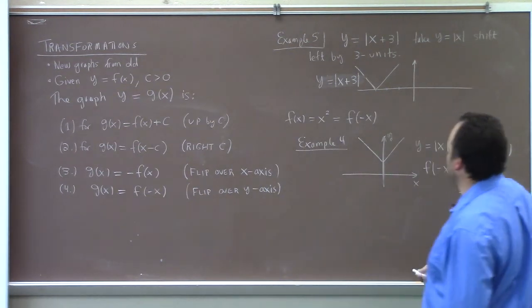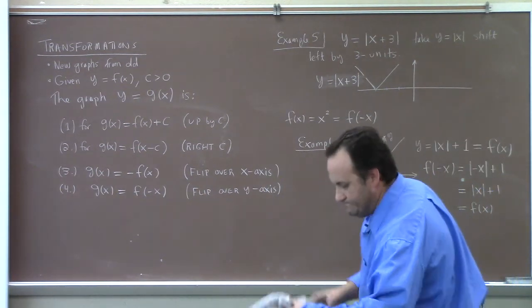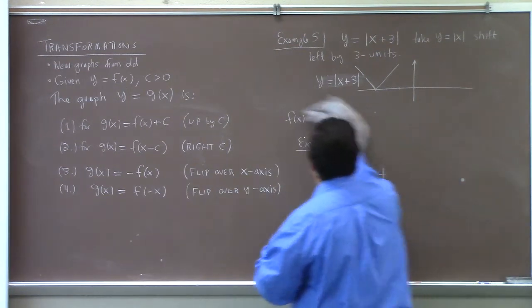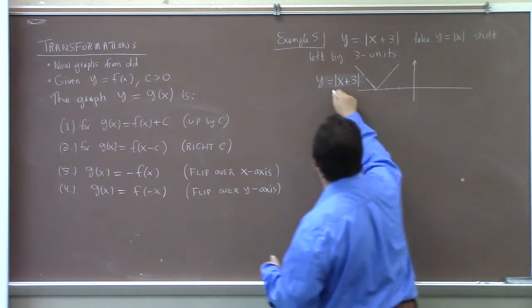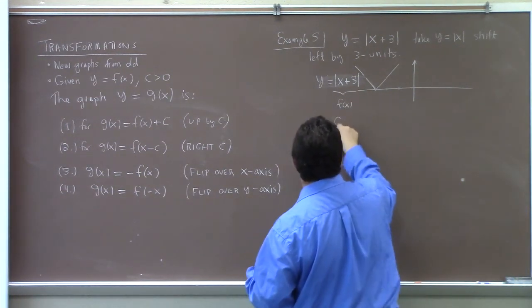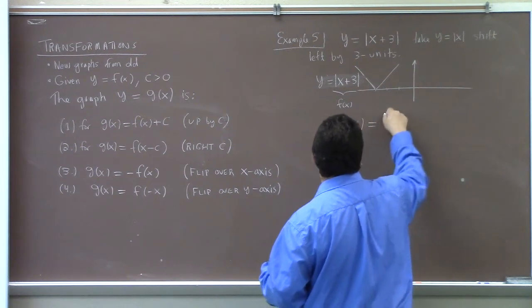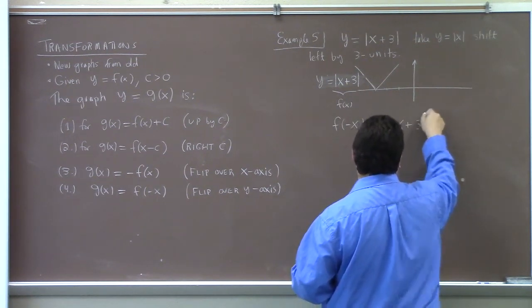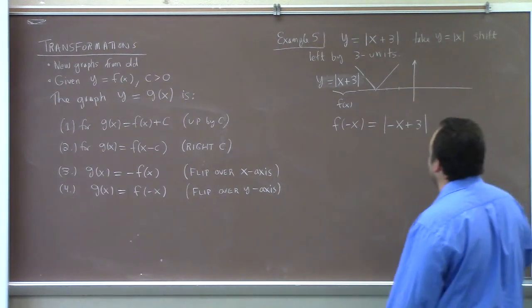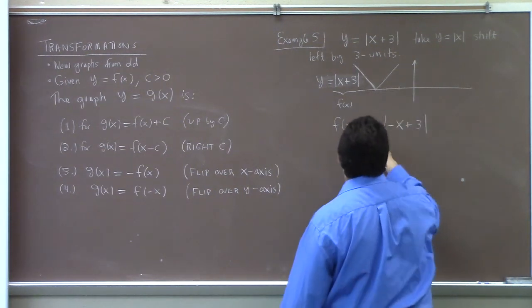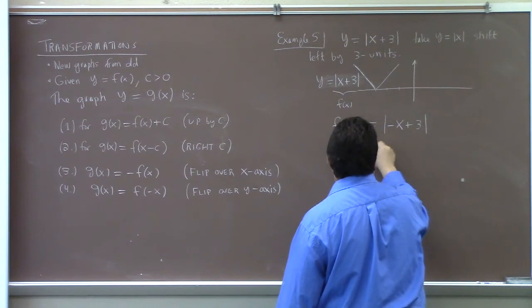So if that's my f of x, what's f of minus x? f of minus x would be absolute value of 3 minus x, right?